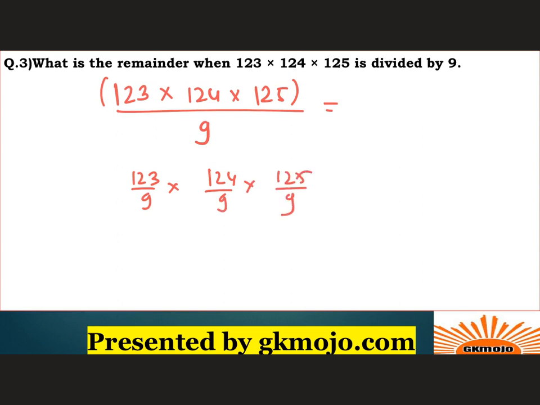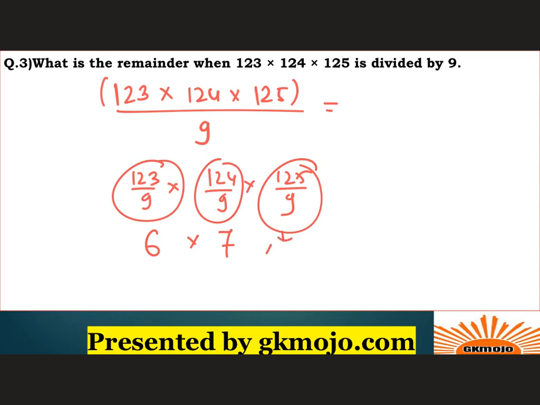Alright, so what is the remainder in the first case? When you divide 123 by 9, you get the remainder as 6, right? This is R1. In this case you will get remainder as 7, and for this you will get the remainder as 8.